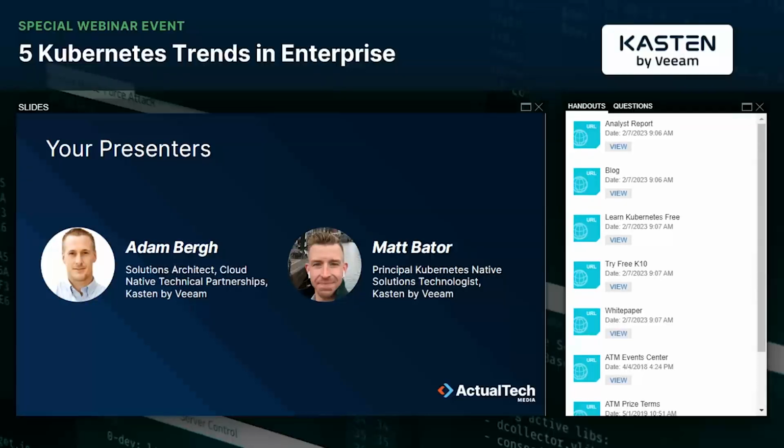Another good question here. Jack is asking, what's the greatest challenge or problem that companies are facing around Kubernetes and cloud native? Yeah, the way I understand this question is, what is slowing adoption of Kubernetes? We touched on this a little bit during the presentation in some of our trends.